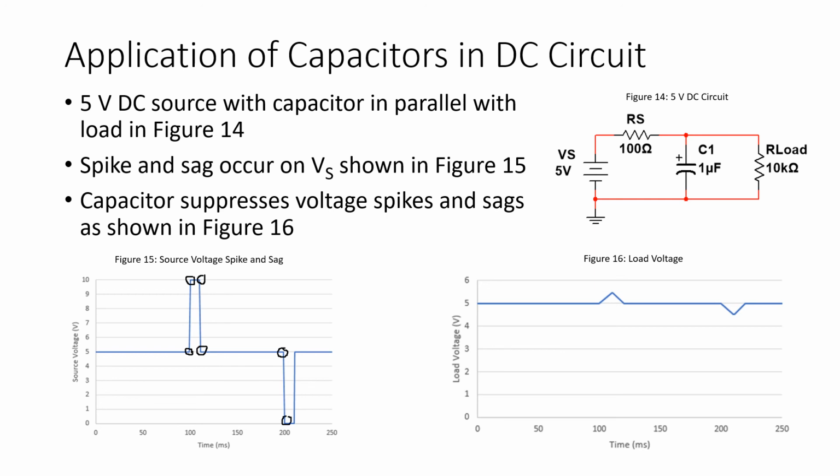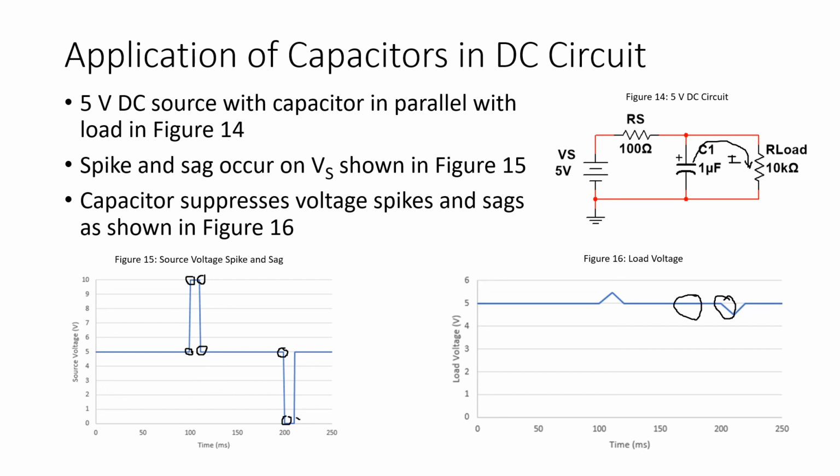And as this happens, of course, the capacitor has charged to 5 volts here. And when the source voltage drops, the capacitor is then going to supply current to the load resistor. And this keeps the load voltage somewhat constant. Even though we see a 5 volt drop in Vs, the load voltage only drops to about 4.5 volts.